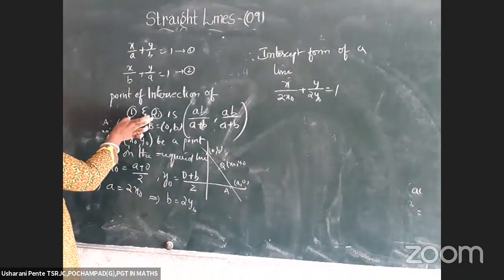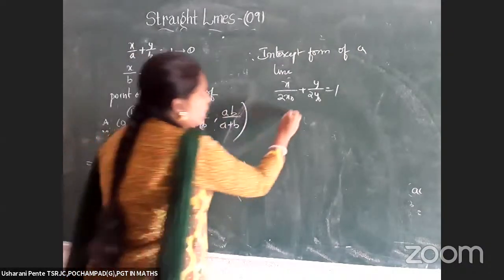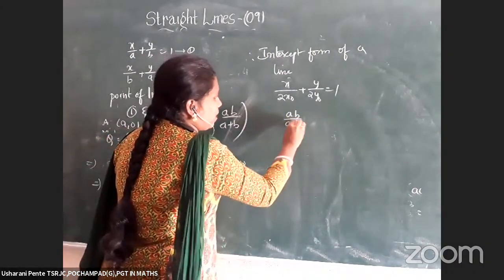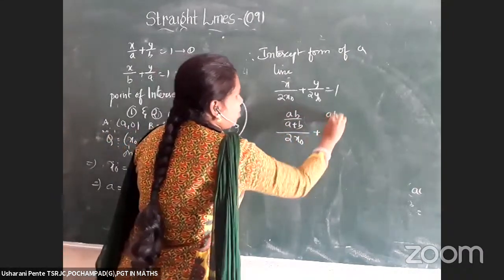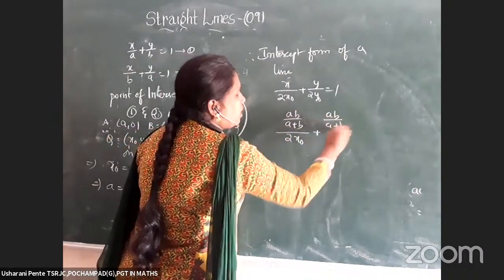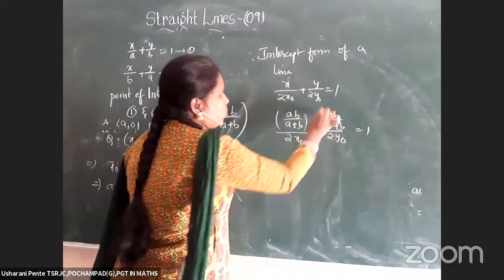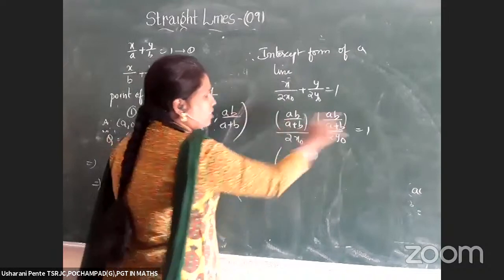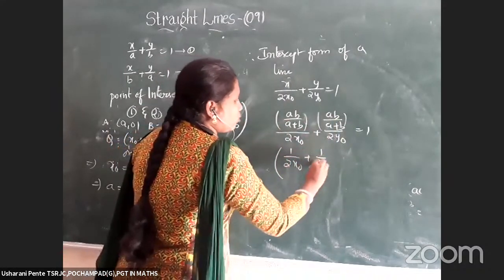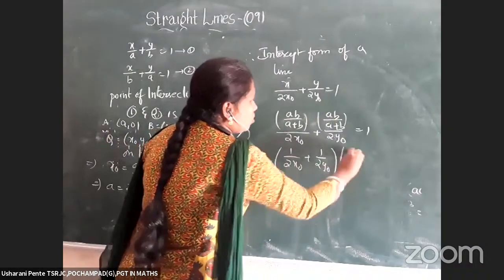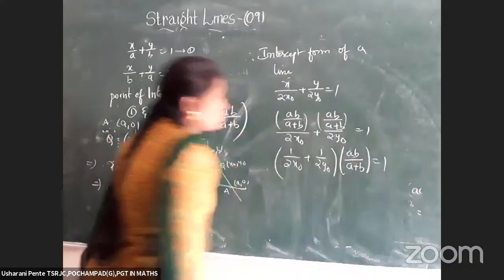But for the point of intersection, in place of x and y we need to substitute this one, that is AB by A plus B by 2x naught plus AB by A plus B by 2y naught is equal to 1. If I take this common, then 1 by 2x naught plus 1 by 2y naught into AB by A plus B is equal to 1.